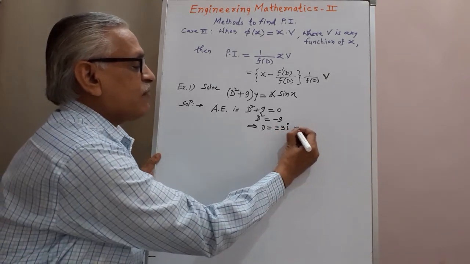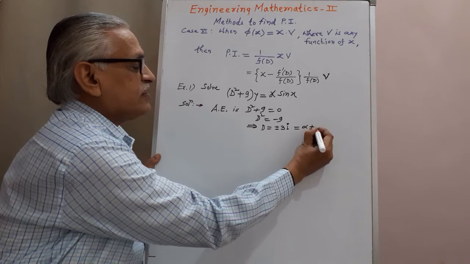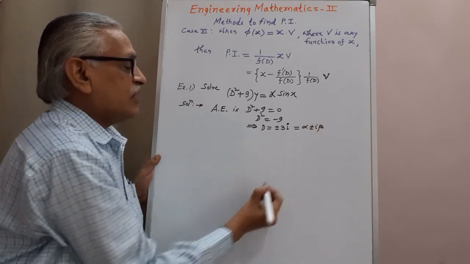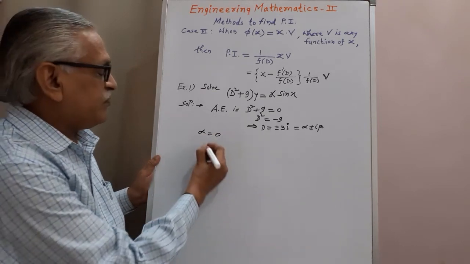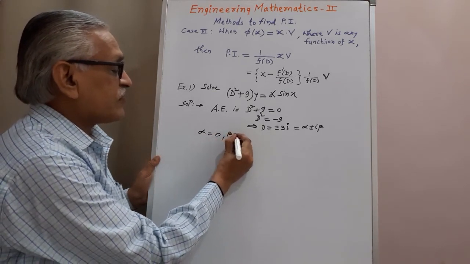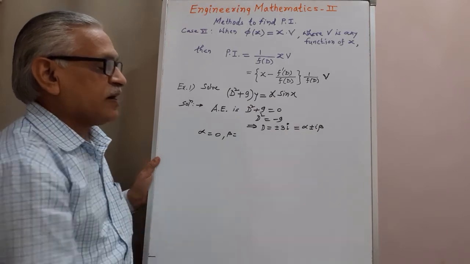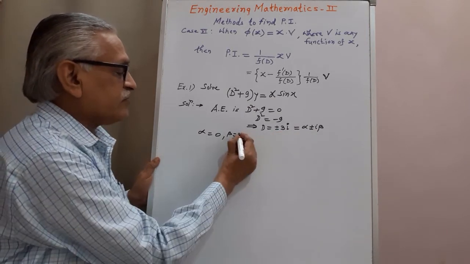It is in the form of alpha plus minus i beta, imaginary type of roots. Therefore alpha is equal to 0, the real part is 0, and beta, the coefficient of i, is 3.